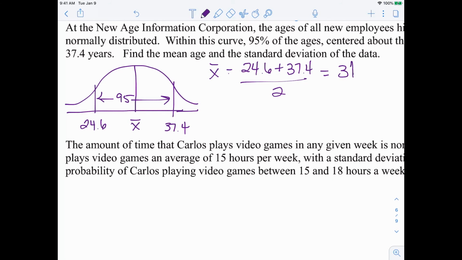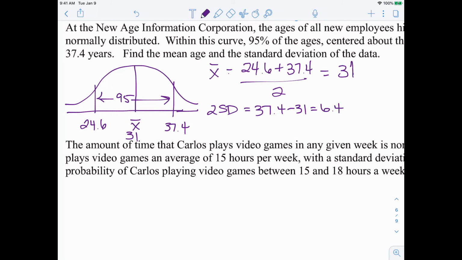Now, finding the standard deviation can be a little bit trickier. Because we're told that it's within 95%, that means that 24.6 is 2 standard deviations below the mean, and 37.4 is 2 standard deviations above the mean. So that means that 2 standard deviations is going to be equal to 37.4 minus 31, which is 6.4.